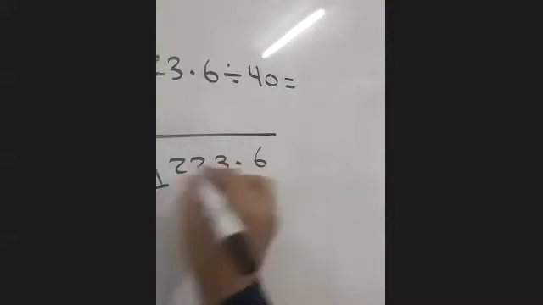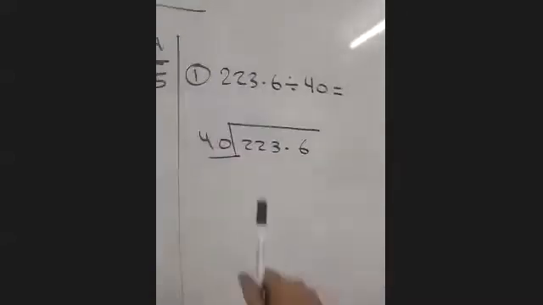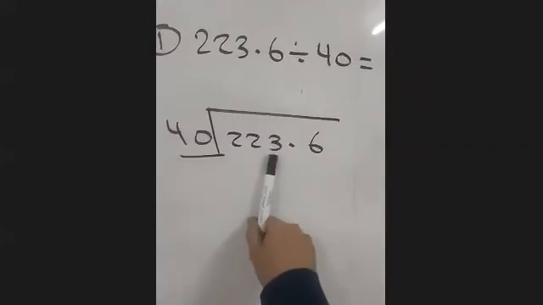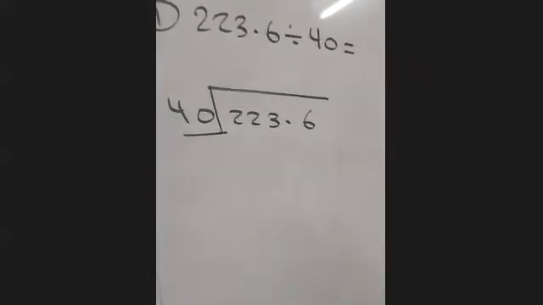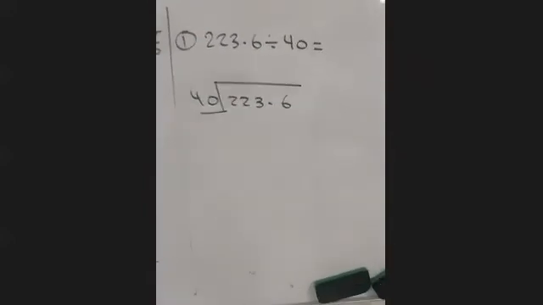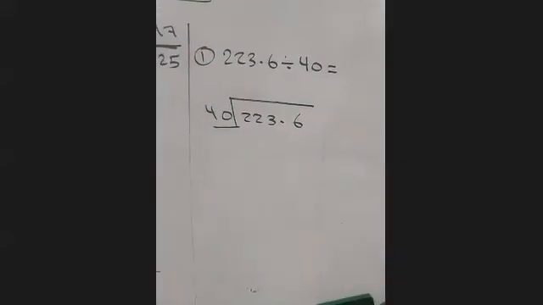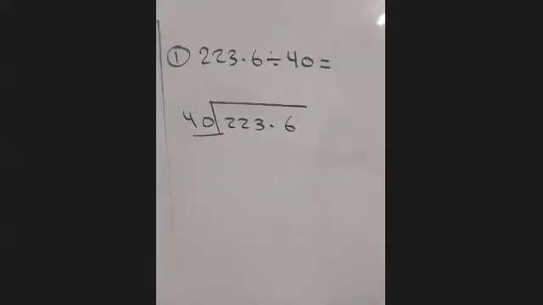Now, can the 2 be divided by 40? No. 22 also no. 223. If you remember, when we have big numbers, we guess and check. Yesterday we said we'll do the normal steps of division, but when we get the decimal, we put it up. This is the only difference.